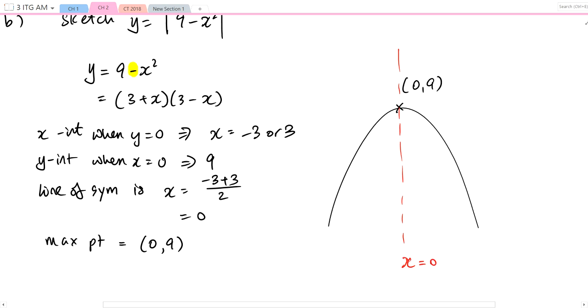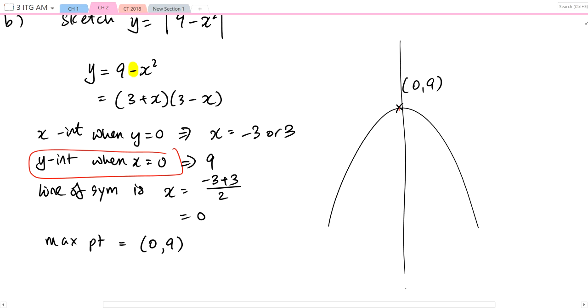Now, the line of x equals to 0 is actually our y-axis. So instead of this, we should be drawing this. Okay, it looks symmetrical.